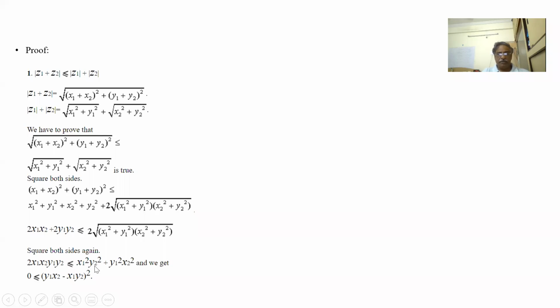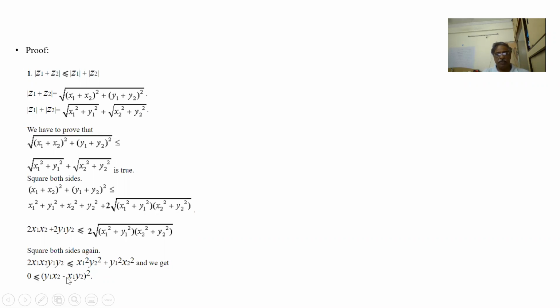This is a square, b square, I am putting whole square. Again I am squaring, so this becomes a plus b whole square. This being 4x1 square x2 square y1 square y2 square, I bring it here. So a plus b whole square minus 4ab becomes a minus b whole square.